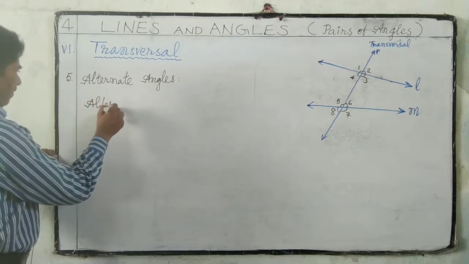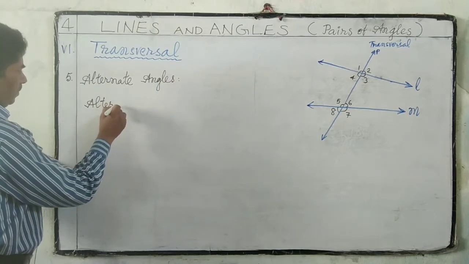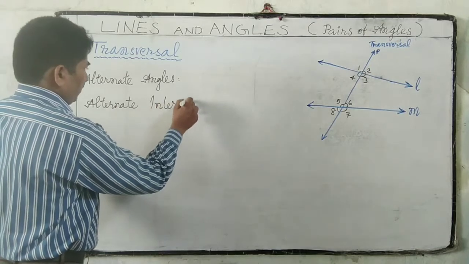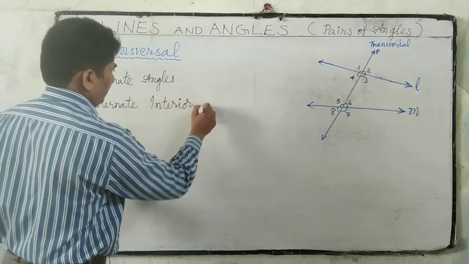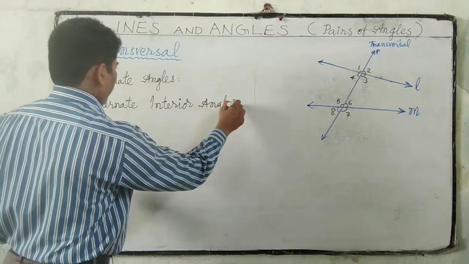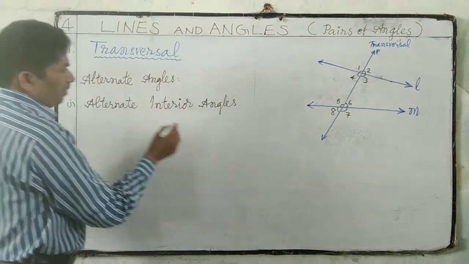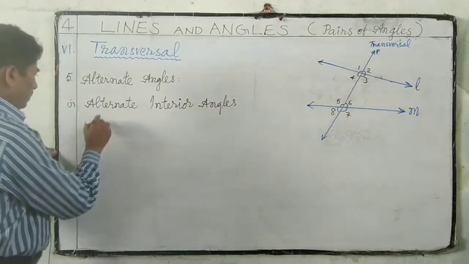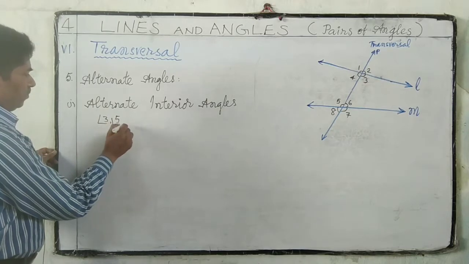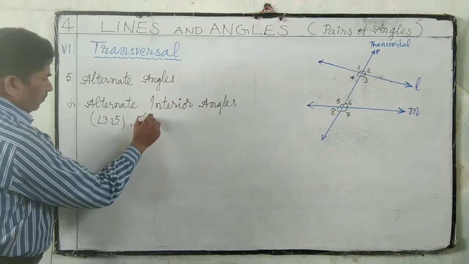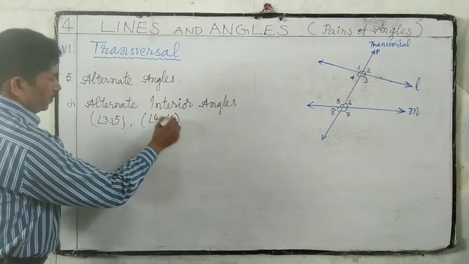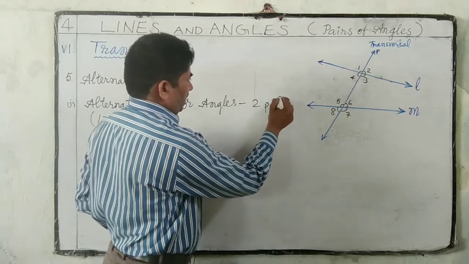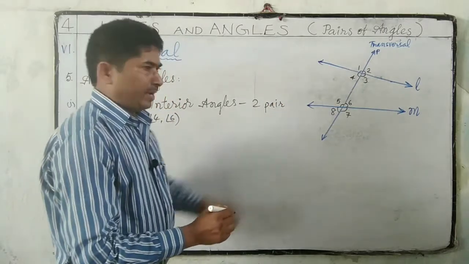Alternate interior angles are 3, 5, 4, 6. These are two pairs. Alternate interior angles are two pairs.